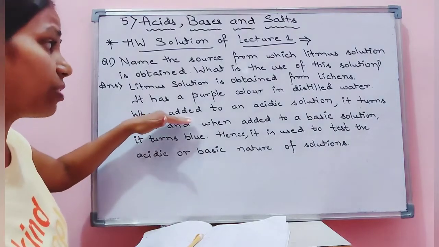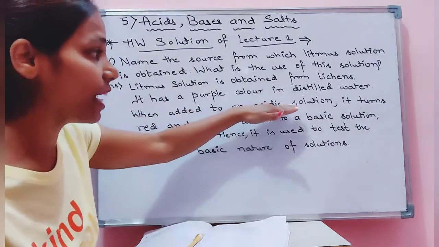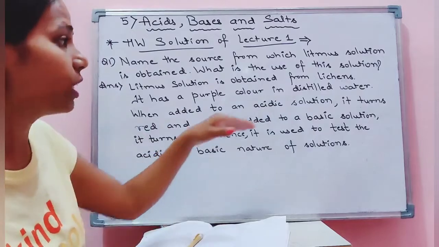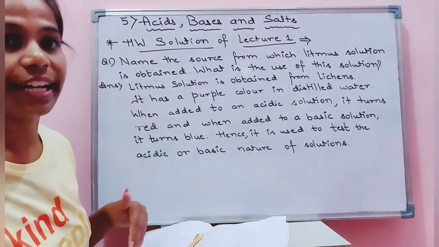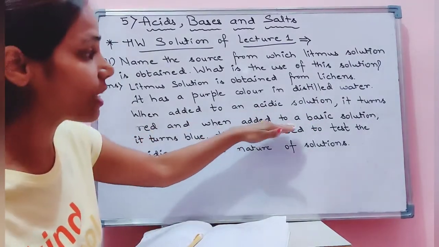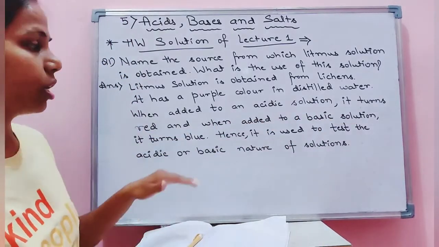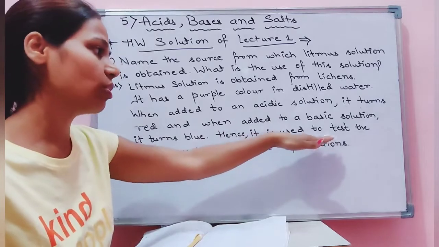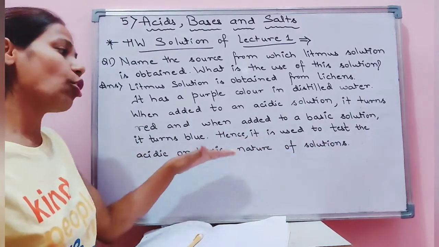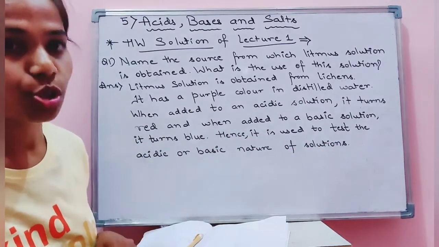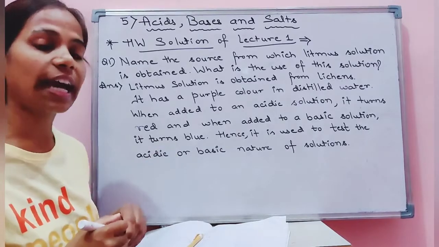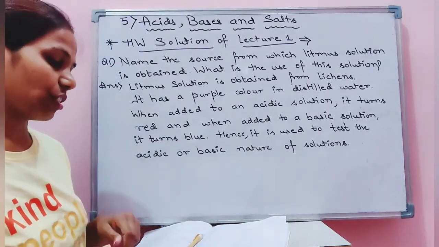When this solution is added to an acidic solution, it turns red, whereas when it is added to a basic solution, it turns blue. Hence, it is used to test the acidic or basic nature of solutions. We are utilizing it as an indicator, children.